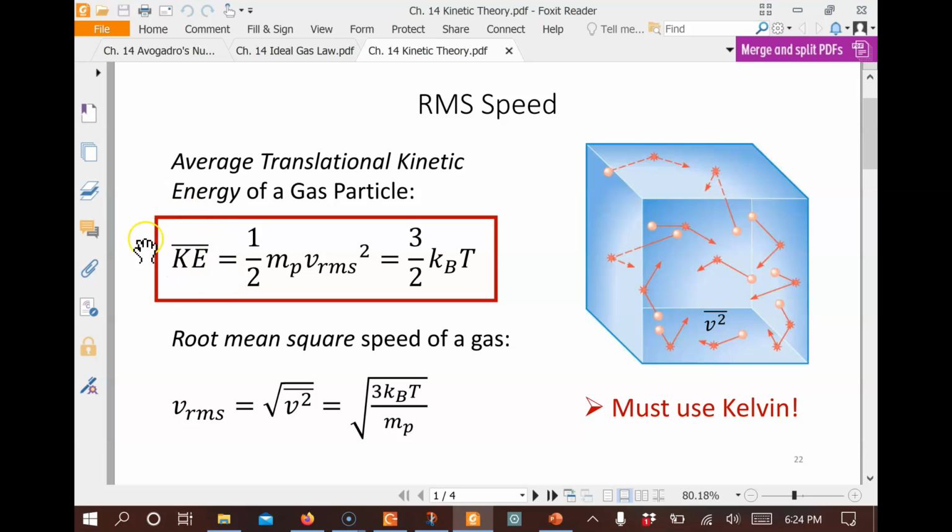The average kinetic energy of an atom in the gas, you can use the standard 1/2 mv squared formula if you use the mass of a helium atom and you use the average speed of the atoms, which is VRMS. Or we also know that the temperature is also a measure of the average energy of the atoms. And so we could use 3/2 kBT as well. So let's write down this important equation.